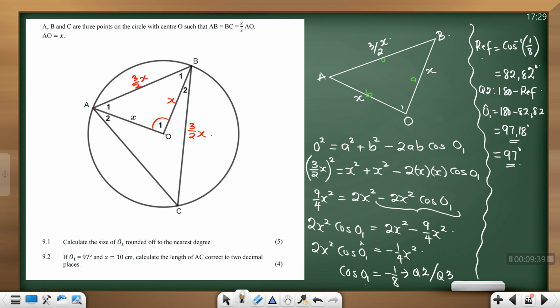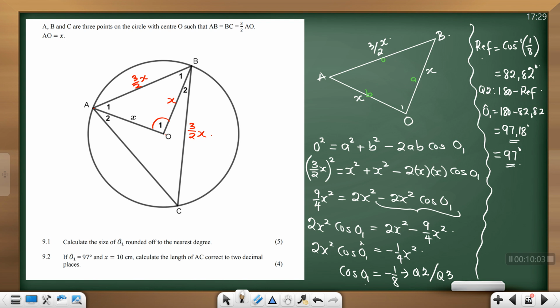Yes, Limu? Sir, when they say calculate the size of O, aren't we going to end there when we found arc cos 1 over 8? No, that's a reference angle.